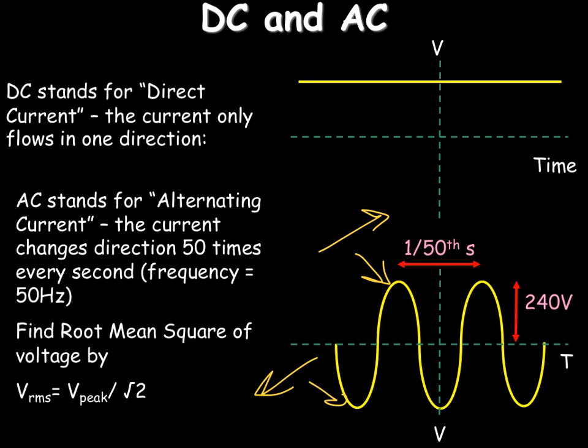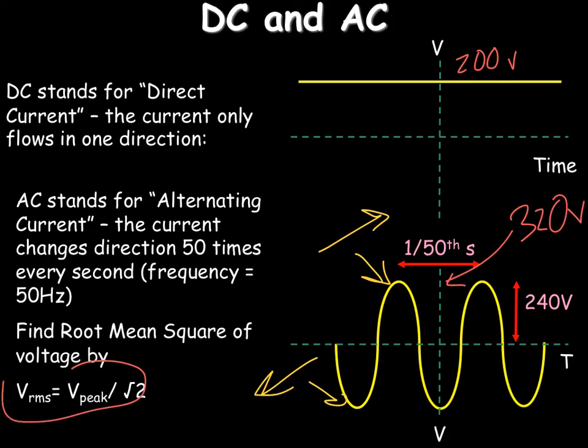Now, comparing the voltage of the top with the voltage of the bottom is quite difficult. This, for instance, could be 200 volts, whereas this could be 320, and they seem very different. In order to compare them, you have to take what's called the root mean square value, which is written down here.